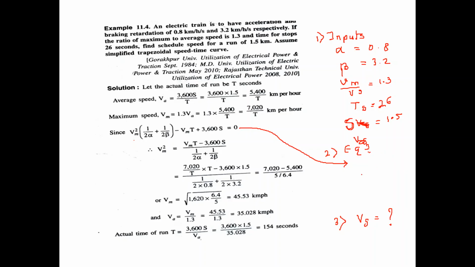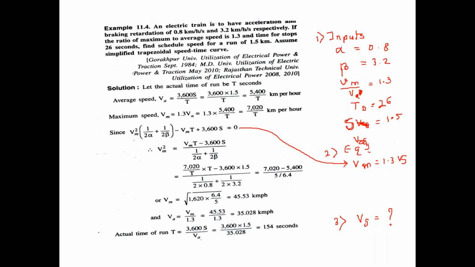So what we can do over here is first take Vm, which is equal to 1.3 times Vs. But how do you calculate it? Sorry, this is not scheduled speed, it is average speed, so I will call it Va. The ratio of Vm by Va is given as 1.3, not scheduled speed.